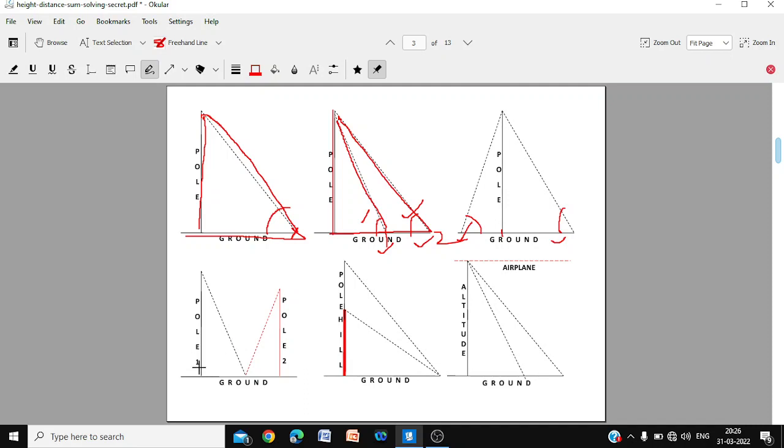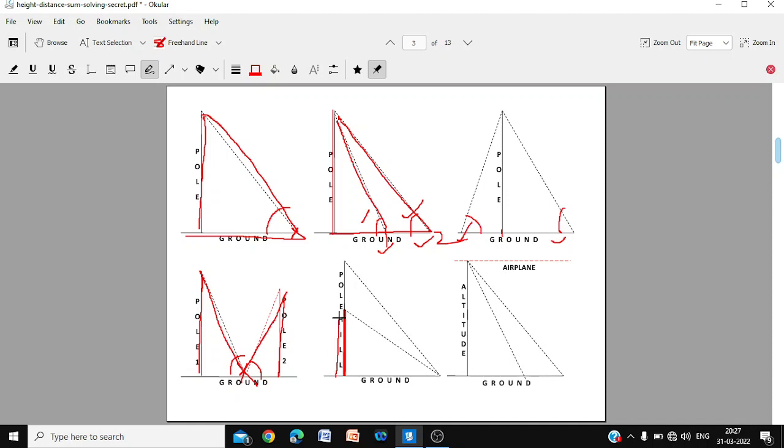Here we have two different heights, pole 1 and pole 2, and a point of observation somewhere here. When we look at the top of pole 1, the angle of elevation is this, and when we look at the top of pole 2, then this is the angle of elevation. Now here we have two heights, one upon another.